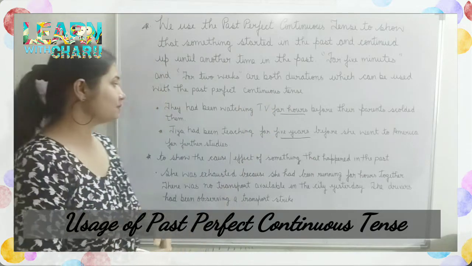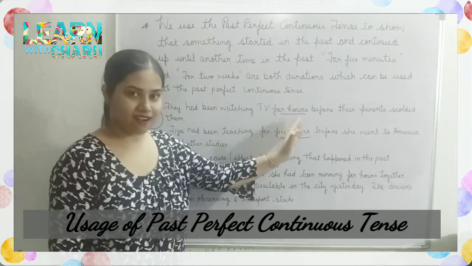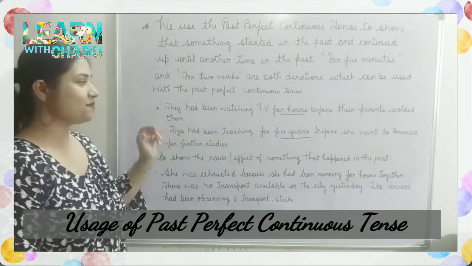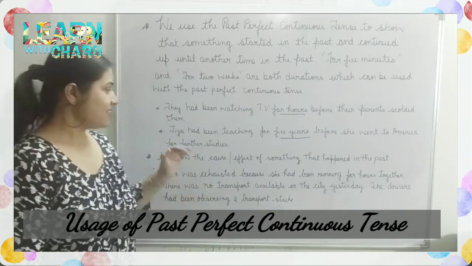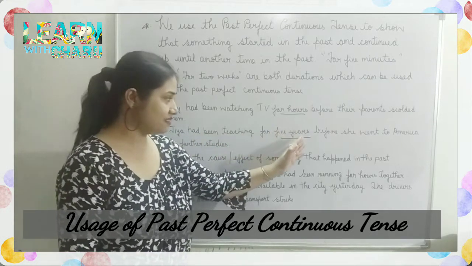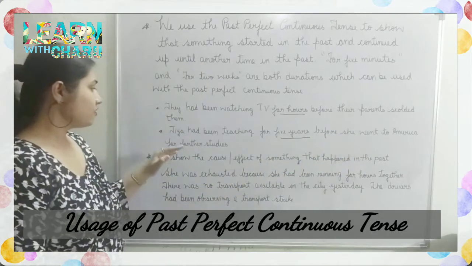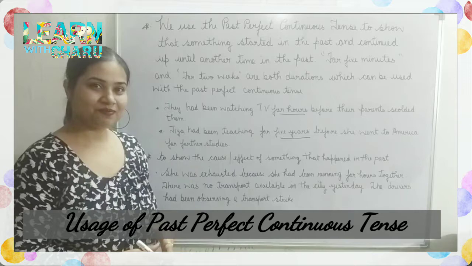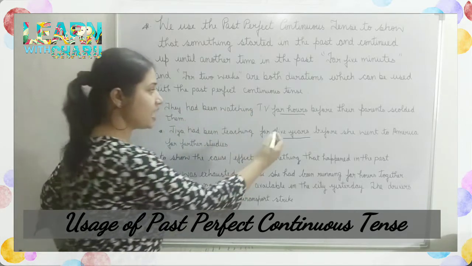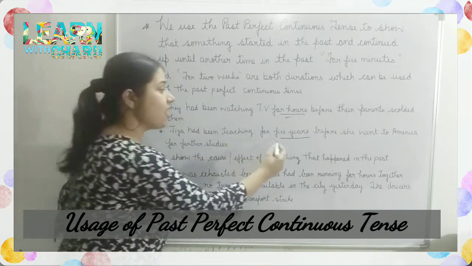For example, they had been watching TV for hours before their parents scolded them. Next, Jia had been teaching for 5 years before she went to America for further studies. Here I have used time duration.